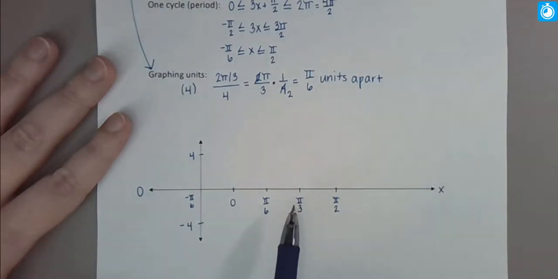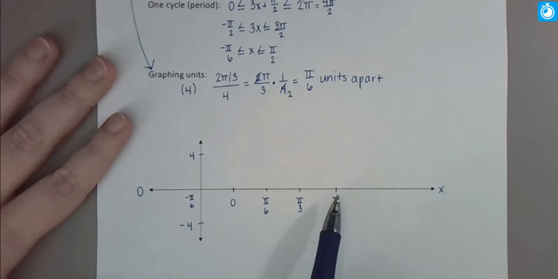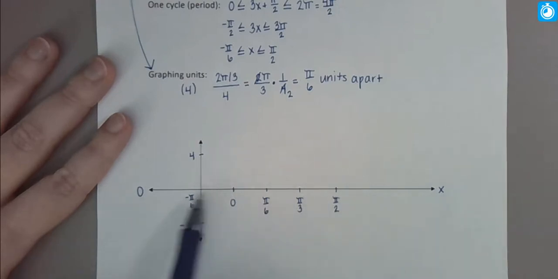And then 3 pi over 6, which reduces to pi over 2, which is exactly where we're supposed to end. So that's going to be our labeling for our horizontal axis. We've got the vertical axis, and we're ready to go.